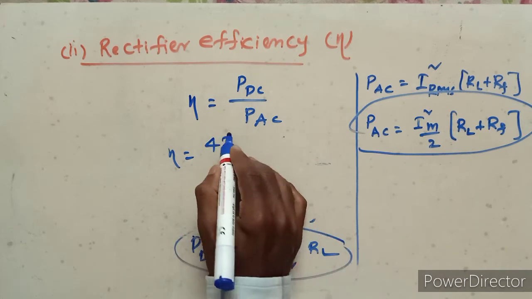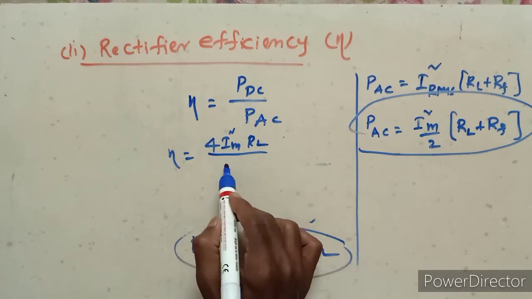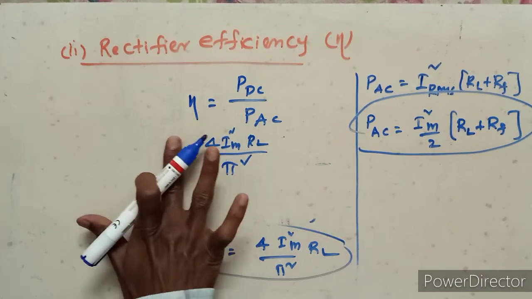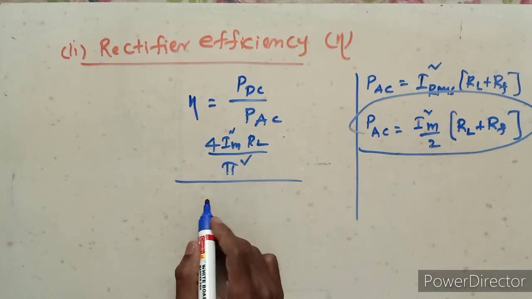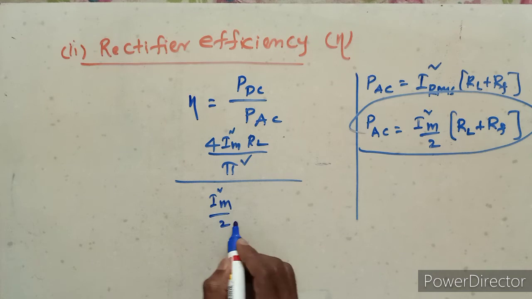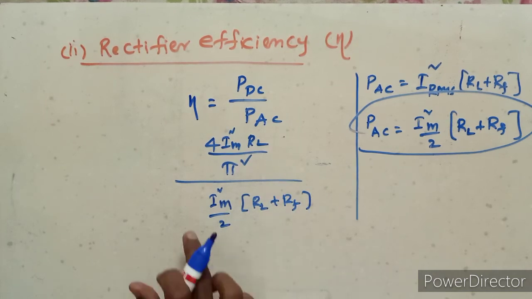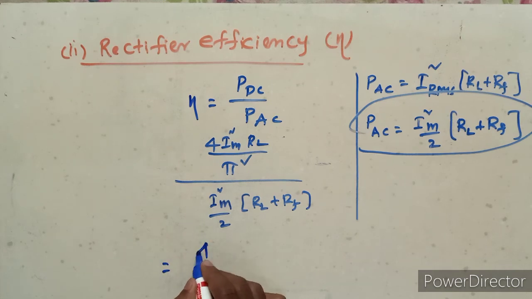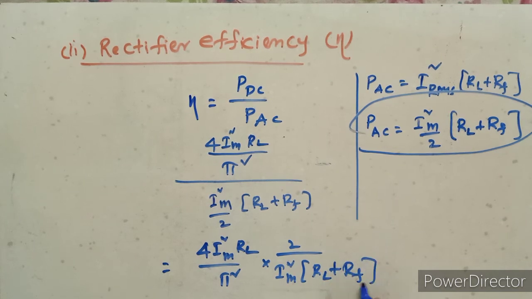4 I squared m RL upon pi squared, divided by I squared m upon 2 into (RL plus RF). This can be written as 4 I squared m RL upon pi squared into 2 upon I squared m (RL plus RF).